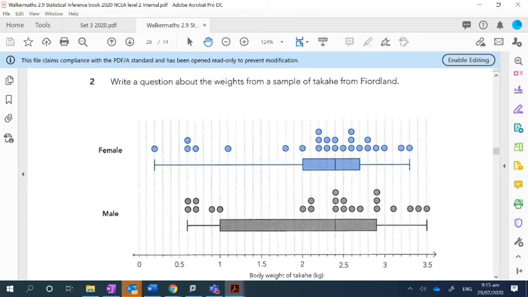So here we have a set of data and we were able to develop a question. Anybody want to put the whole question together for me? Who's going to be brave? Give me your question based on this data.